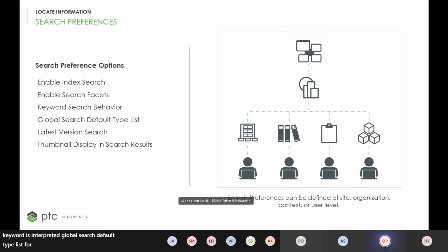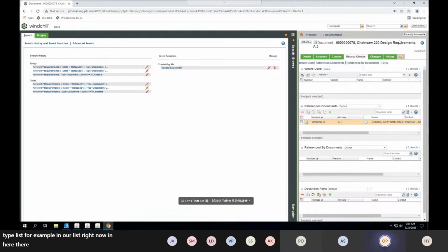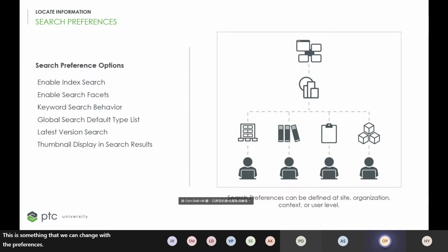For example, in our list right now, there are documents and CAD document problem reports. This is something that we can change with the preferences. You can also review the latest version only and display or not the thumbnail in the search table.